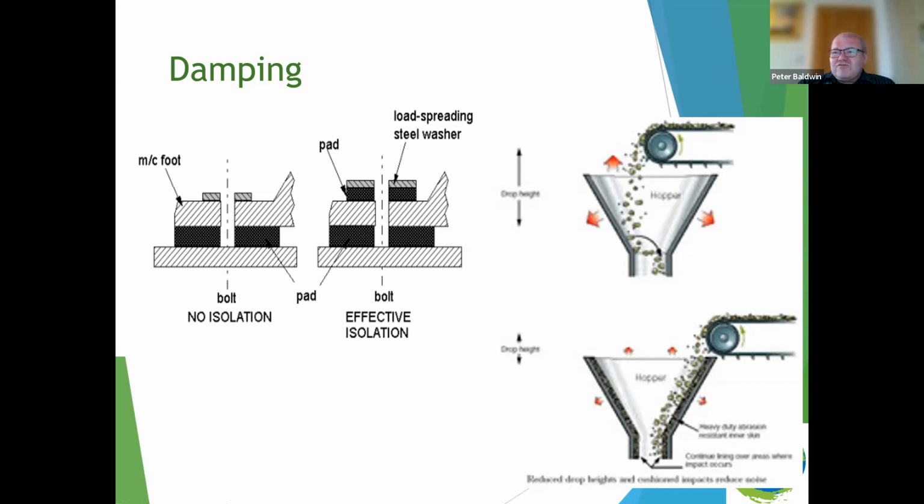The way you control that, if you look at the bottom there, is you minimize that drop height, so you're minimizing the amount of energy you're putting into that process. Then you can put some rubber or something of a similar ilk on the funnel itself, and that would reduce the amount of noise being produced. This can be quite effective.